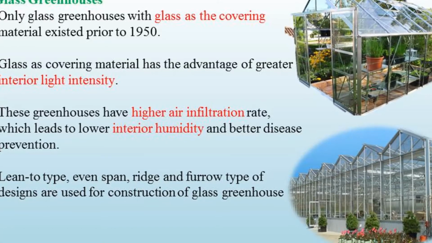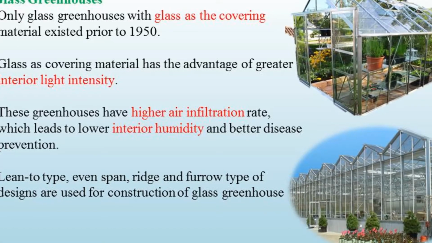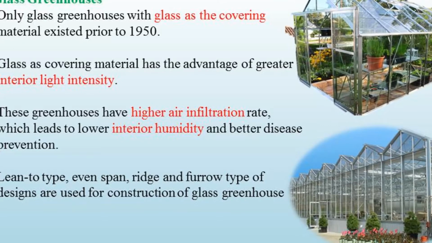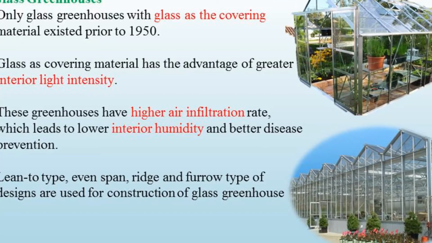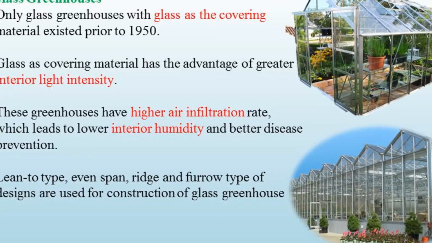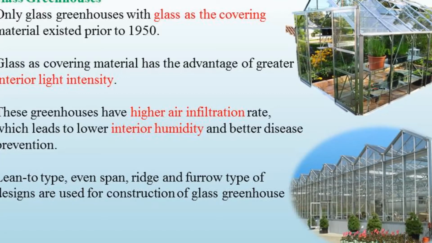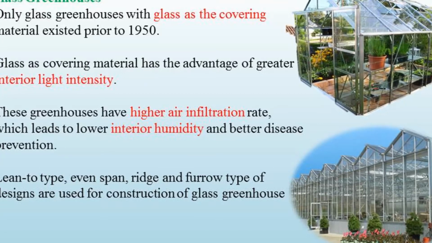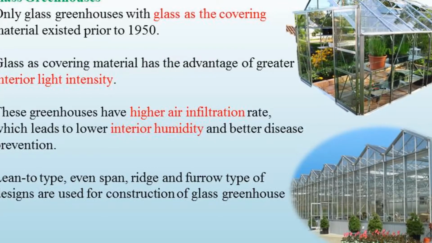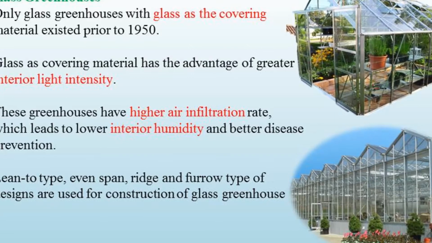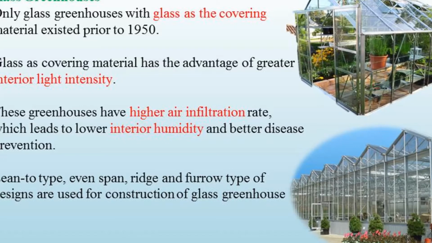The main advantage of this type of greenhouse is that it has greater light intensity and high infiltration rate, which leads to lower interior humidity and helps to protect the crop from attack of insects and pests.